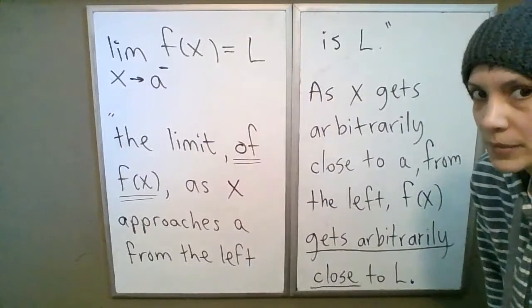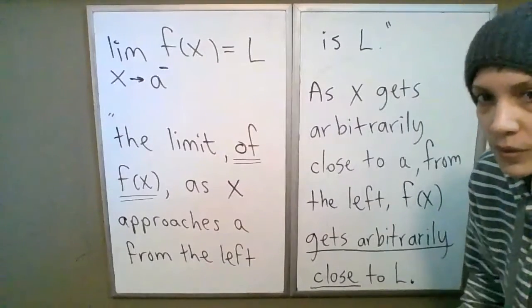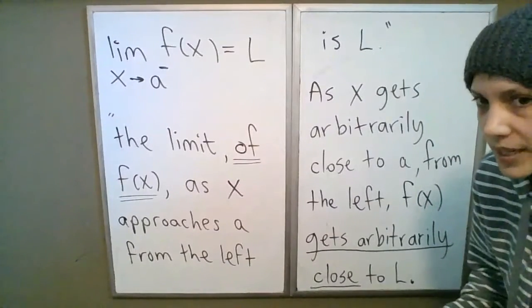Okay, and then we talked about the limit as x goes to a from the right, which we wrote down correctly, but I'll just write it one more time to be clear.